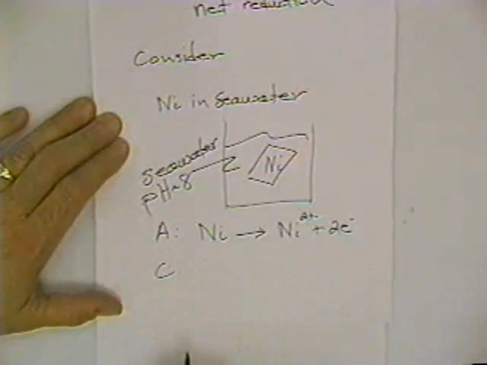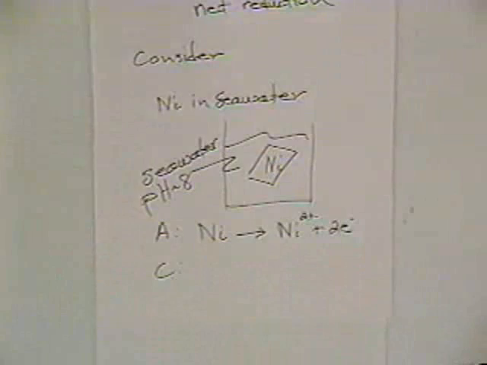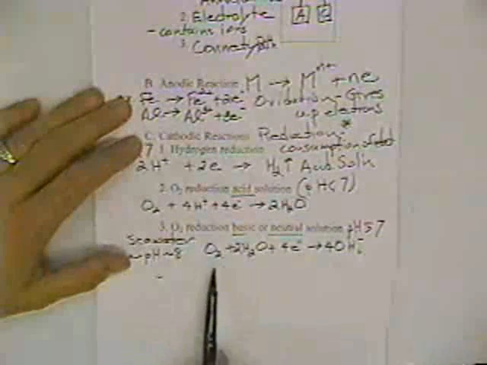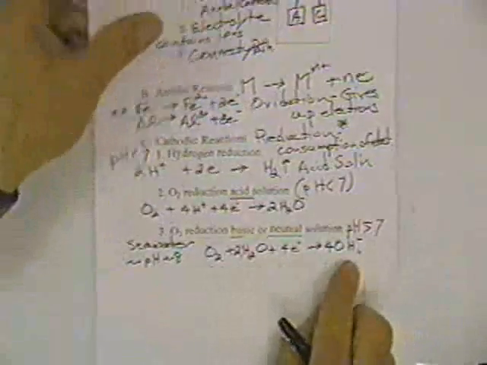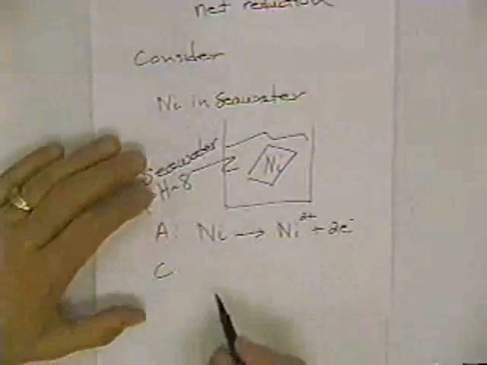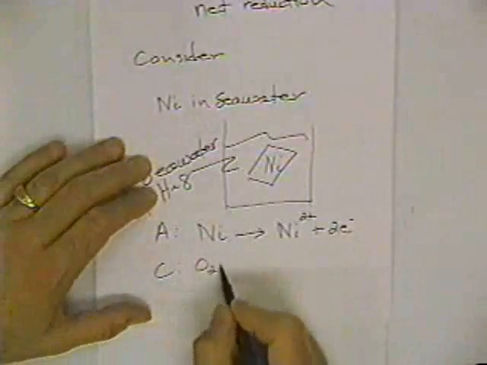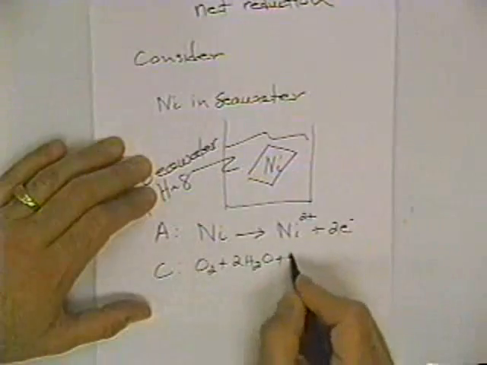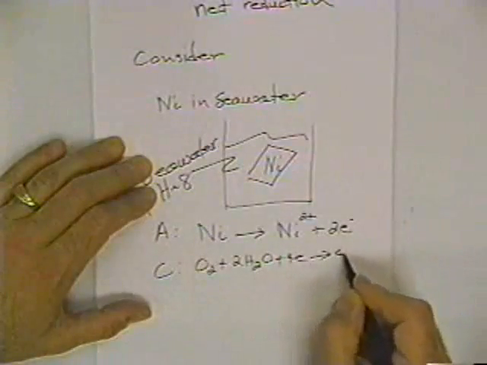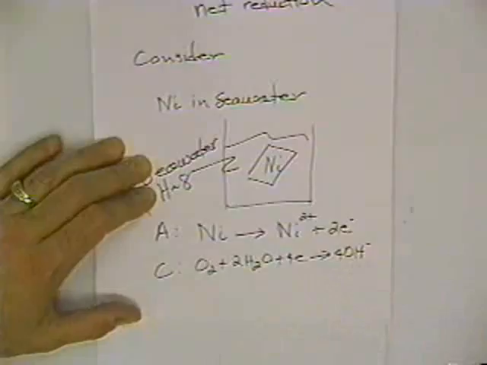The cathodic reaction would be, let's see, this is a basic or neutral solution, so the cathodic reaction that we would like to have would be this one right here. So we could write the cathodic reaction as O2 plus 2H2O plus 4 electrons going to 4OH-.